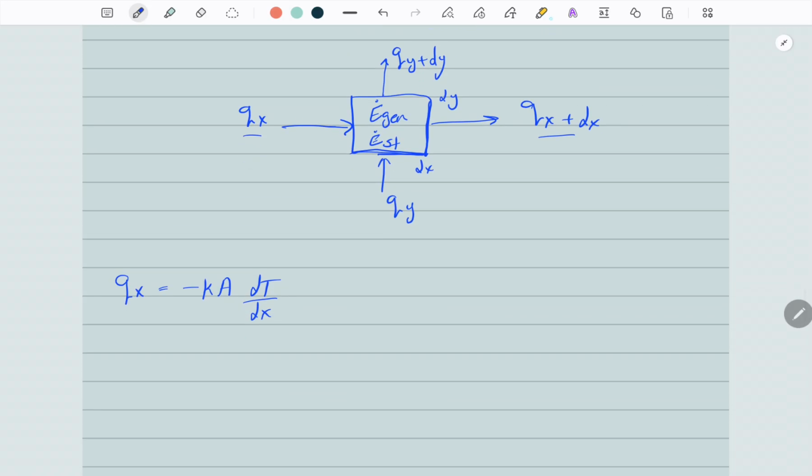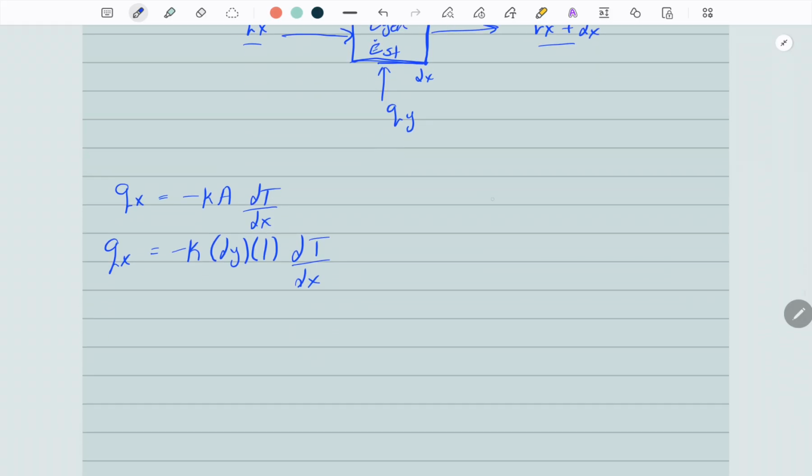The area being used here is the area normal to the heat flow. The heat flow is in the x-axis, so the area normal to it is the y-axis times the z direction, and we're assuming z to be 1. So this area will equal dy times 1, times dT over dx. That's your heat flow in the x-axis.